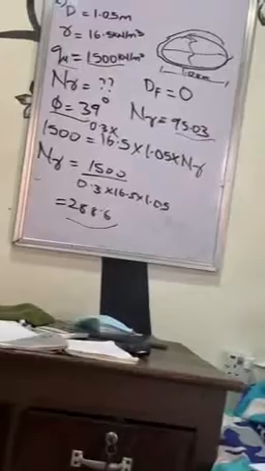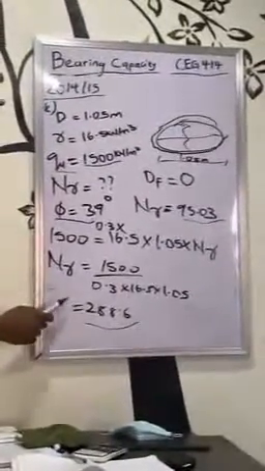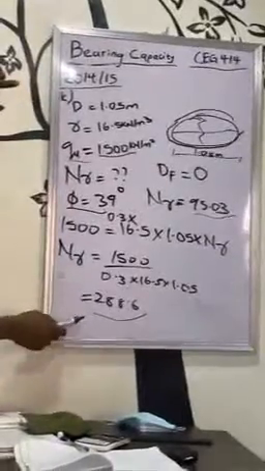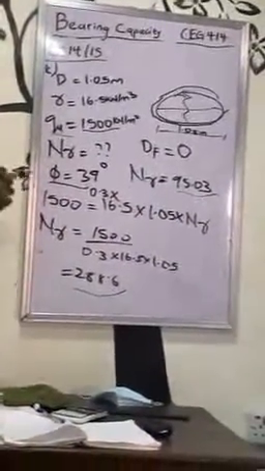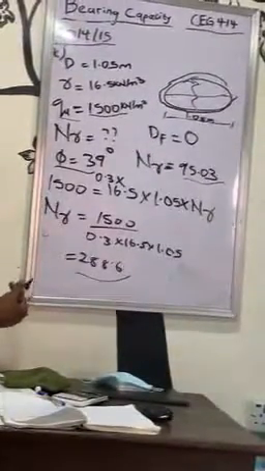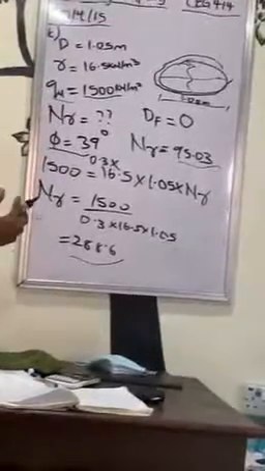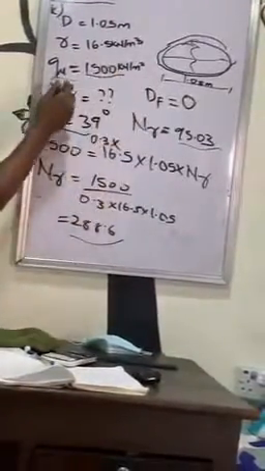Compare the values together: our calculated N gamma is far greater than the theoretical N gamma. It means that your foundation has failed, which is just the point of the question, to check our understanding of the ultimate bearing capacity.